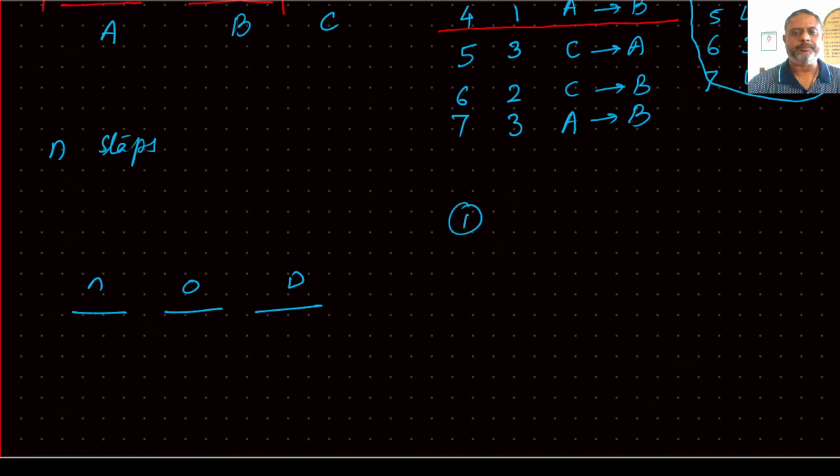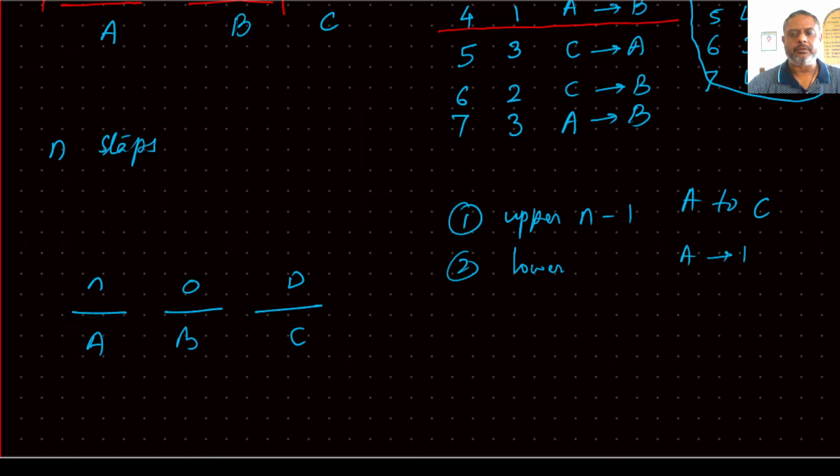So first step, move upper n minus 1 from A to C. Then second, the lowest one from A to B. Then move those n minus 1 which you have moved from C to B. So what happens?